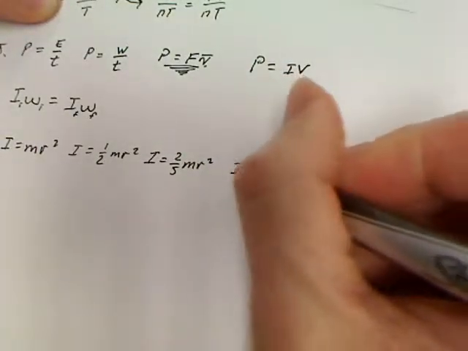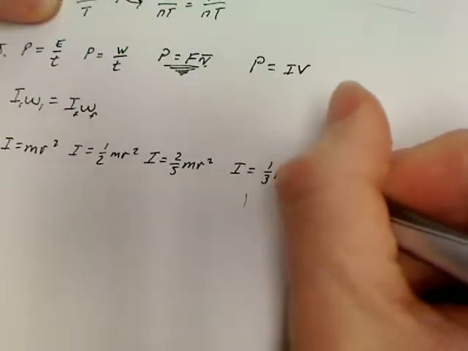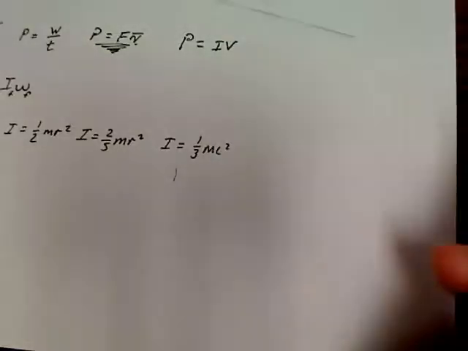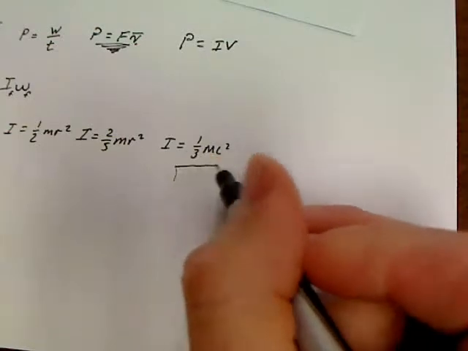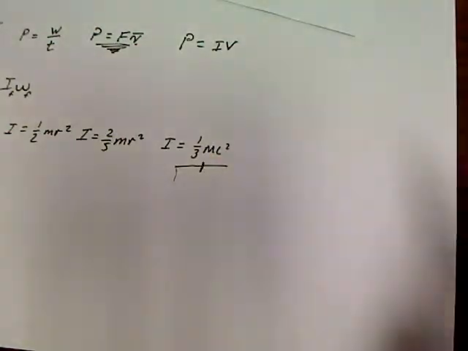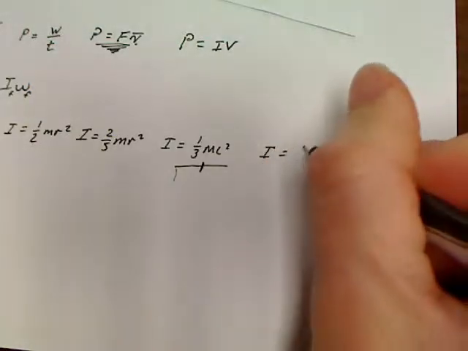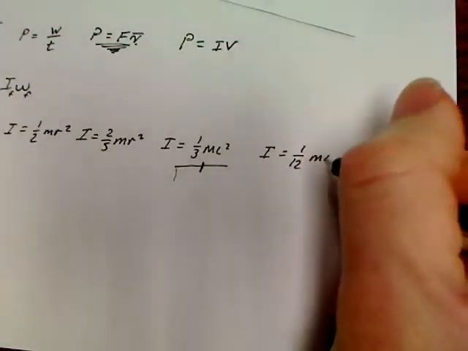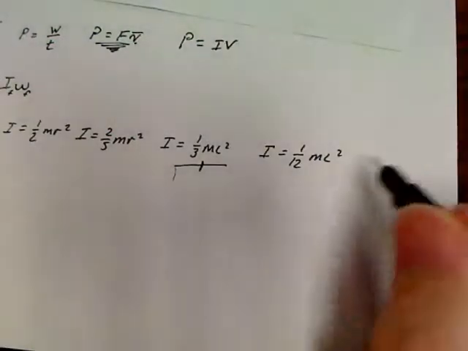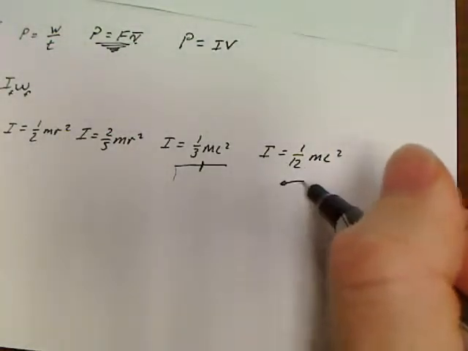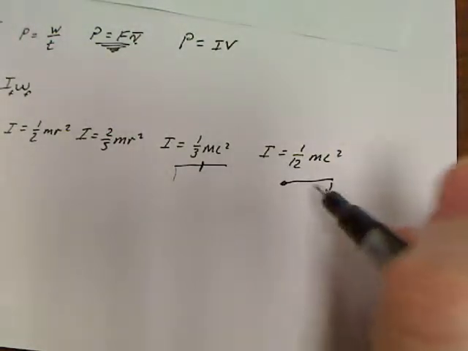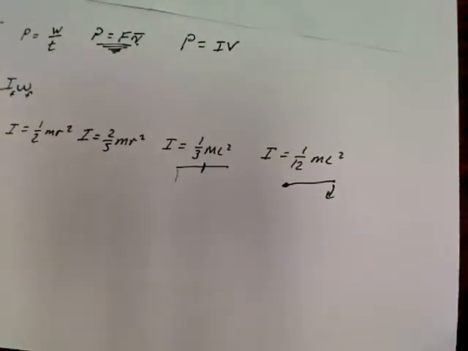I is equal to 1/3 ml squared, which is for if you're spinning something through the middle. I equals 1/12 ml squared for rotating something around its end.